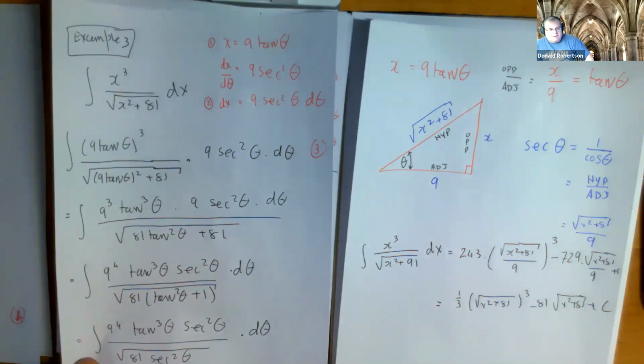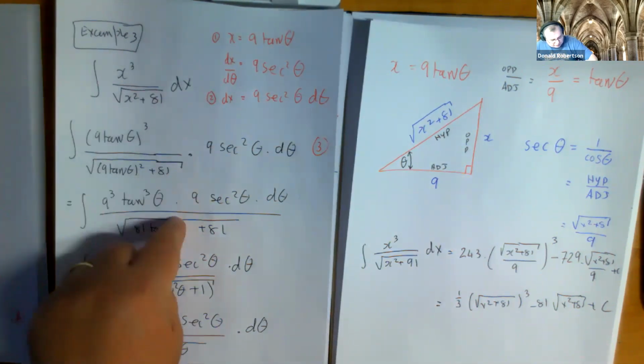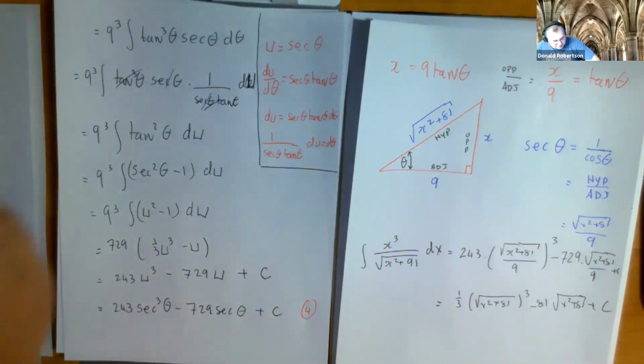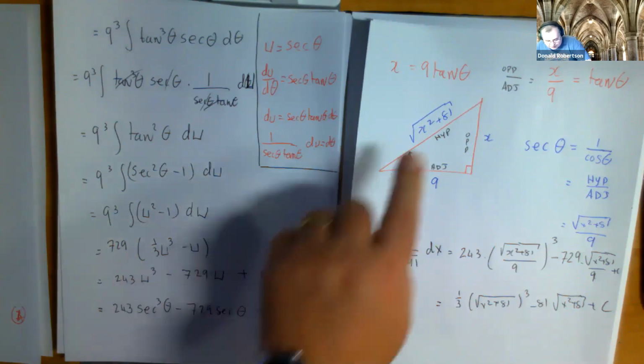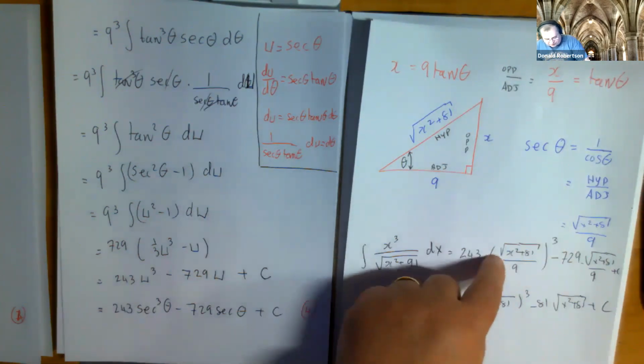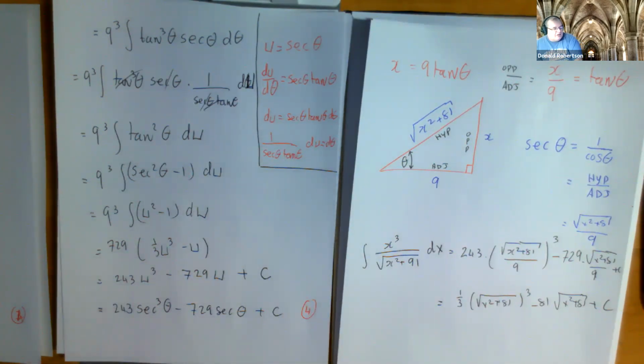Let's look at the working then. 1, 2, 3, 4, 5, 6, 7, 8, 9, 10, 11, 12, 13, 14, 15, 16, 17, 18. 18 lines of working. 18 opportunities to do an oopsie.